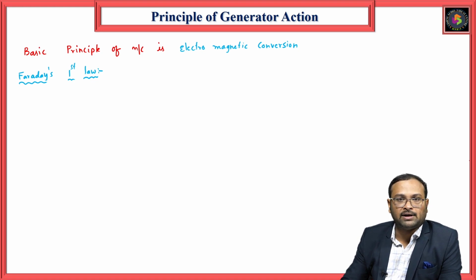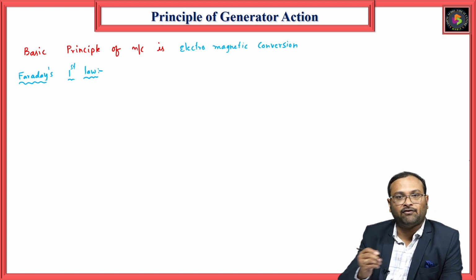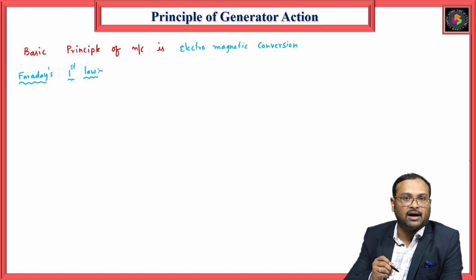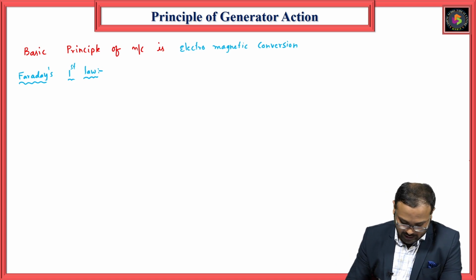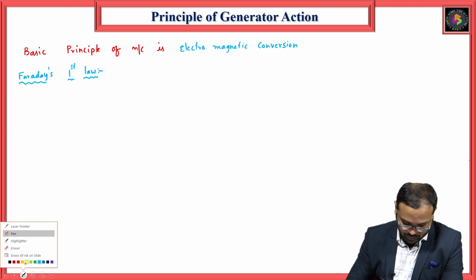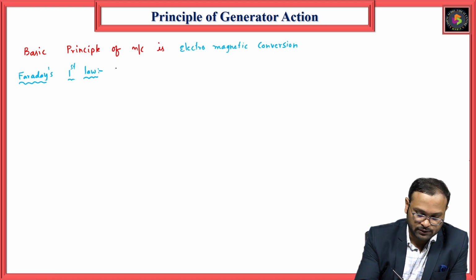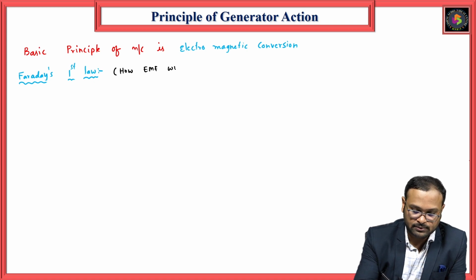If there is a magnetic flux and the conductor is cutting the flux, that means the flux changes in the conductor, then it will induce the EMF. Faraday's first law explains how EMF will be induced.